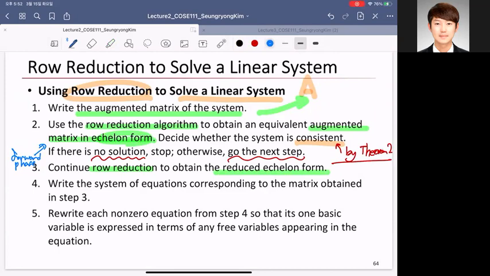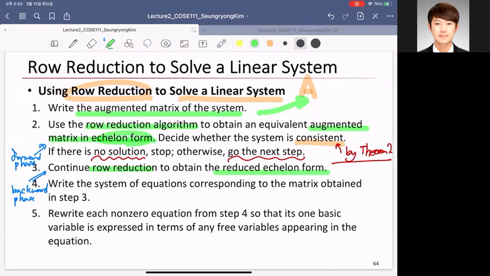So it's going to be the backward phase. And then because there is a solution, in this case there is a solution, that's why we row reduce further, right?